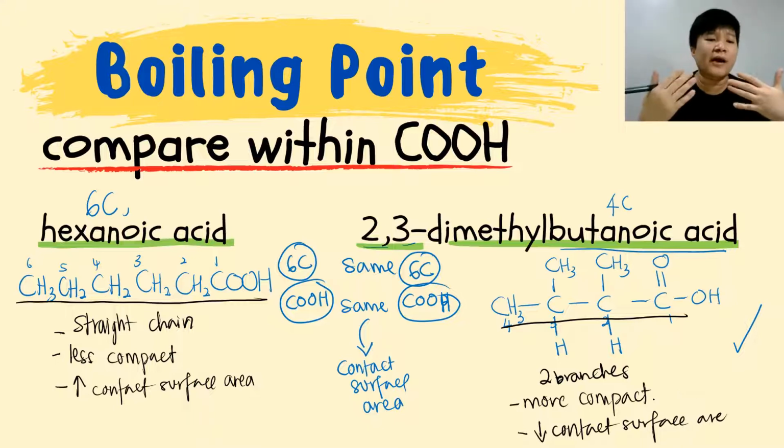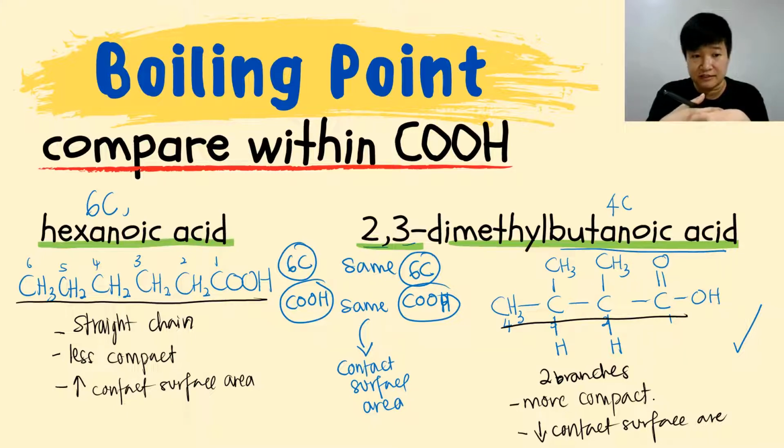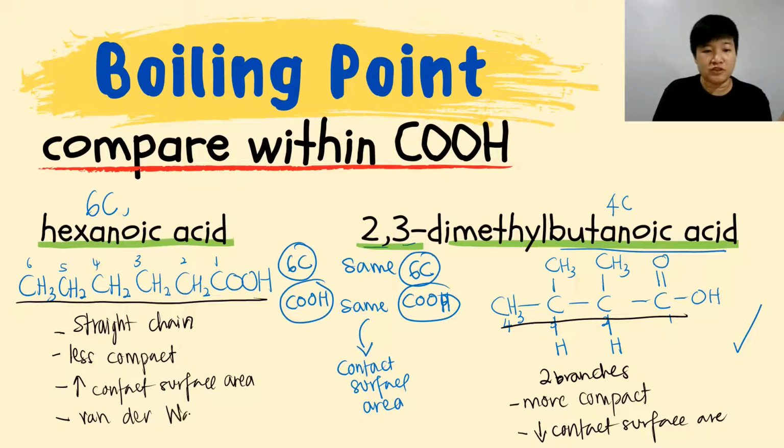Okay? And when the contact surface area is different right now, which one will give you stronger van der Waals forces? Of course, the larger the contact surface area, more area will be exposed to the van der Waals forces. In other words, your van der Waals forces will be stronger when you have larger contact surface area.